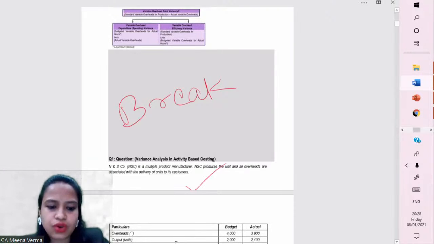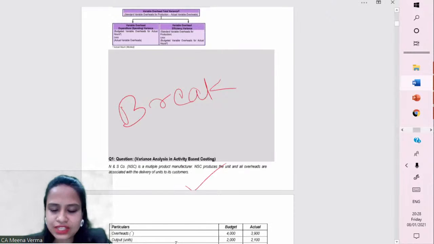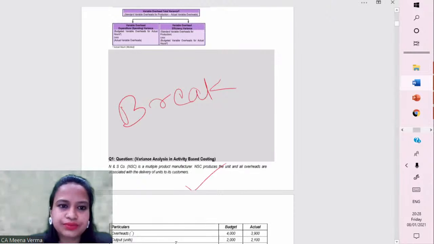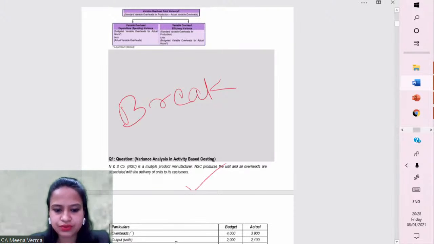So these two formulas we have, and you have to use these two formulas for solving the next question.